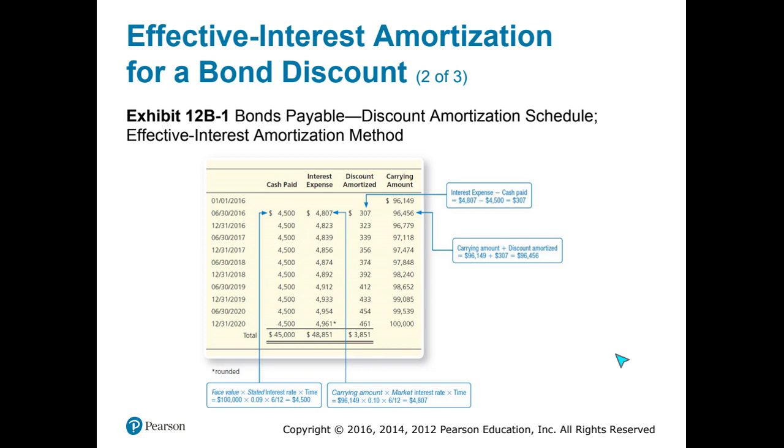And then for carrying amount, we took the 96,149 plus the 307 discount, which gives us a new carrying amount of 96,456. So that's how we would calculate each of those. This is also a good reference. And then it shows it laid out in the amortization schedule as well. Are there any questions about this?